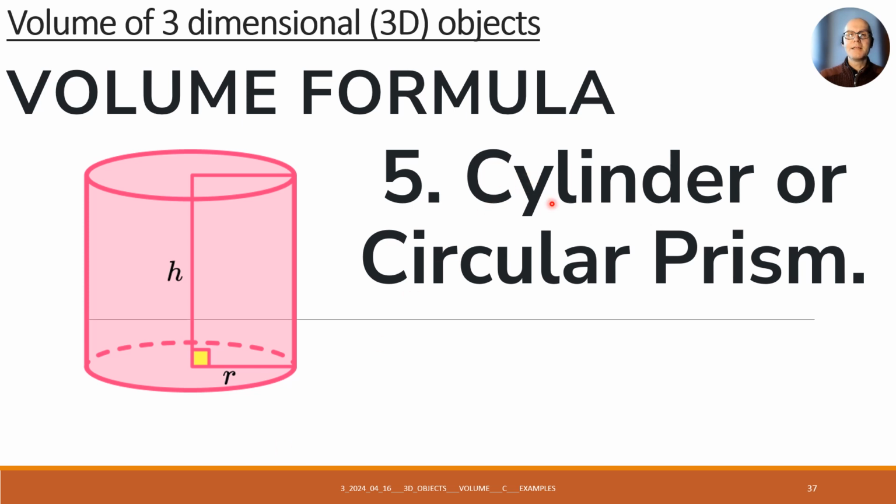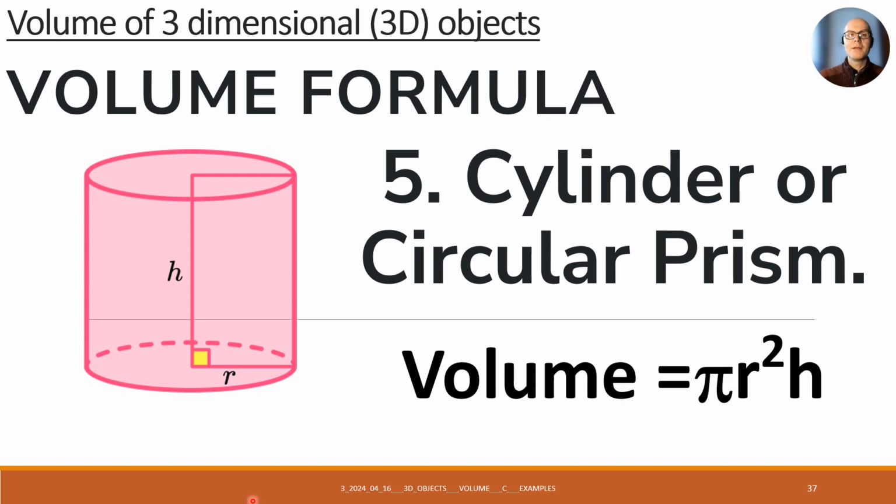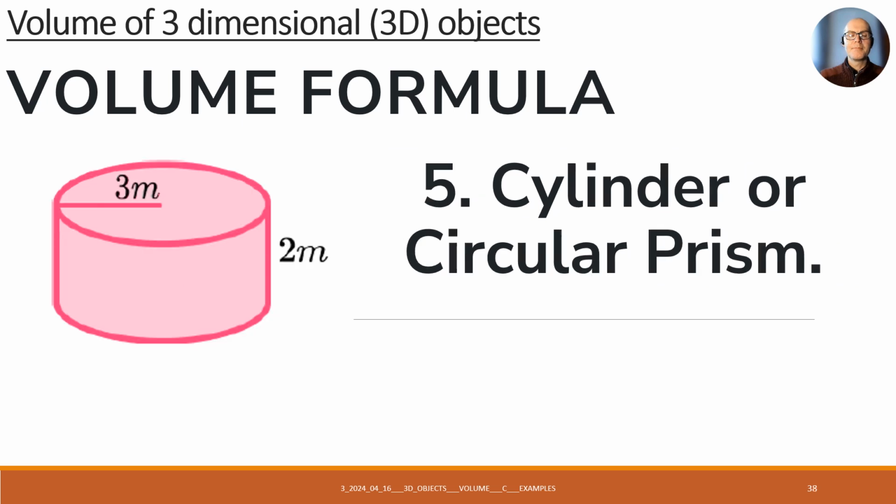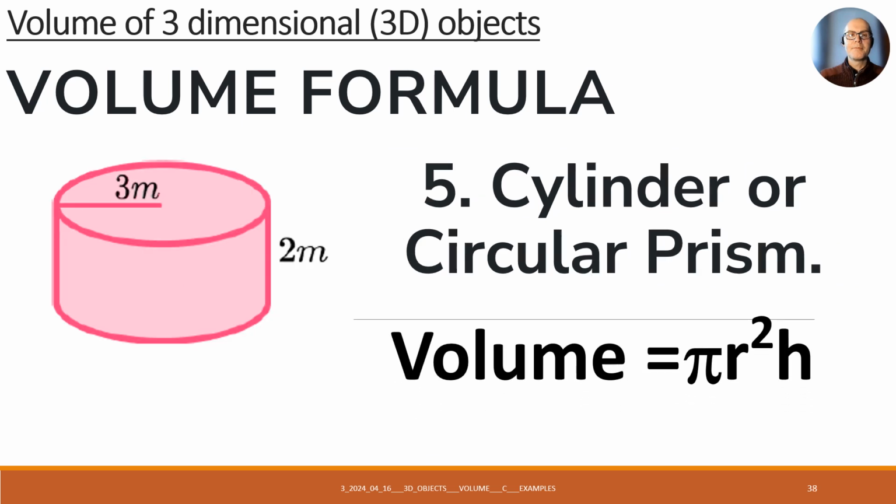Next example, cylinder or circular prism. Volume formula for a cylinder, pi r squared h. Let's put these values into this formula. There's the radius, 3 meters, the height, 2 meters.